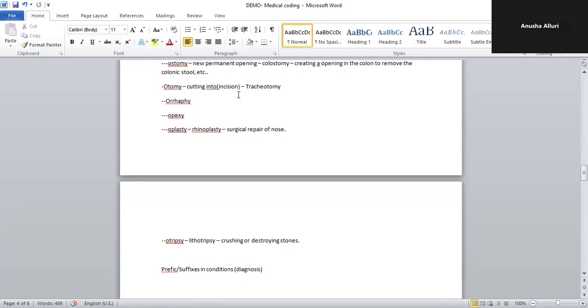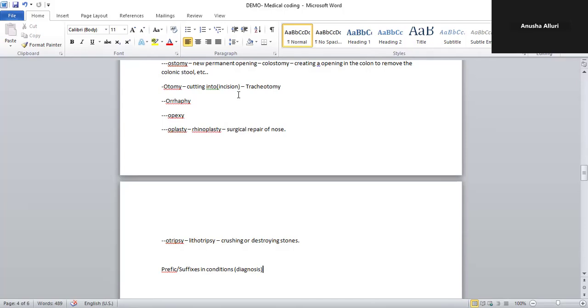Suffixes: algia, asthenia, emia, iasis, itis, lysis, lytic, oid, oma, opathy, orrhagia, orrhea, osis, paresis, plasia, plegia, and pnea.